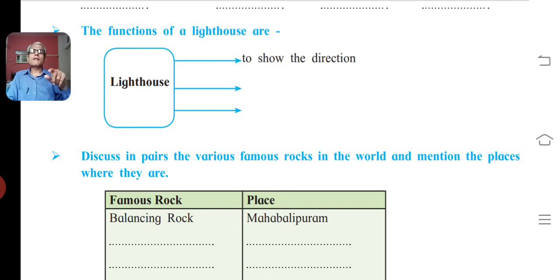Here you will have to write the functions of a lighthouse. In the block the word lighthouse is given. Against it 3 arrows are given, and in front of each arrow you will have to write a function of the lighthouse. One is already done for you, and that is to show the direction. Second, to warn ships about the dangerous rocks and the dangers. Third, to help with navigation. These are the functions of a lighthouse.